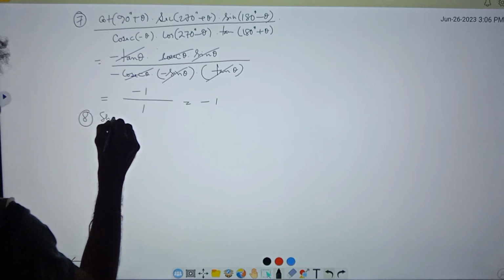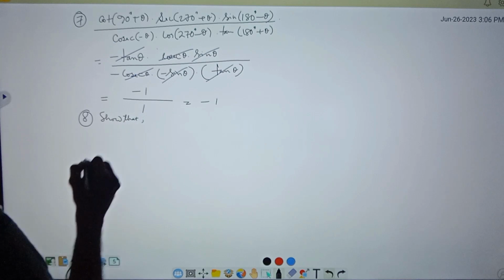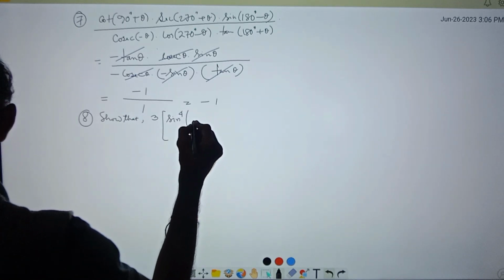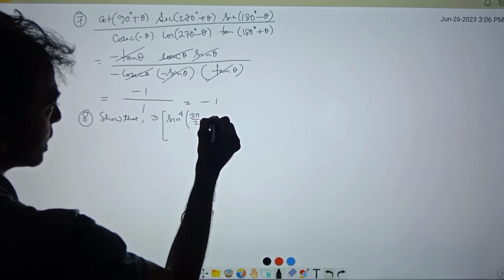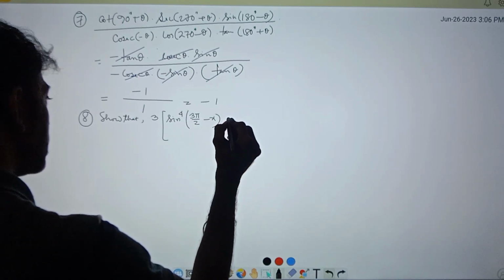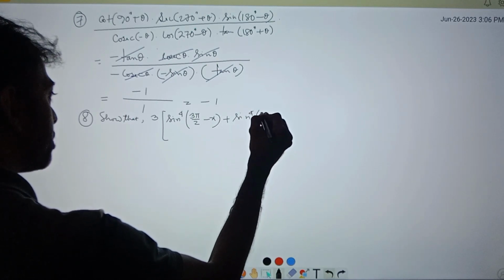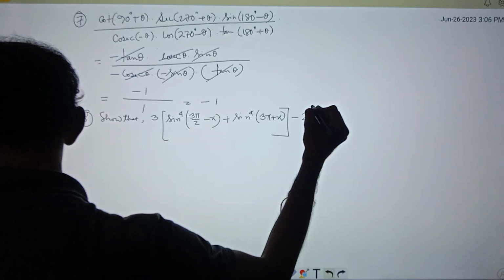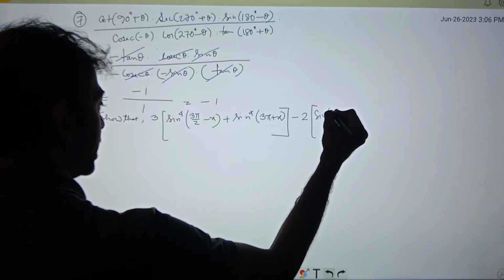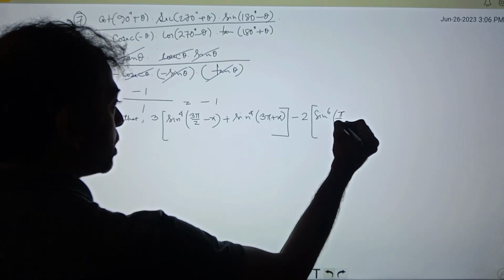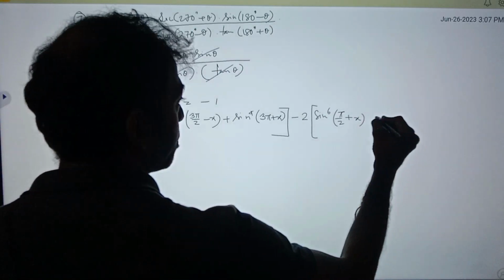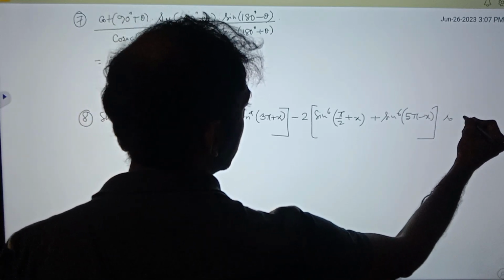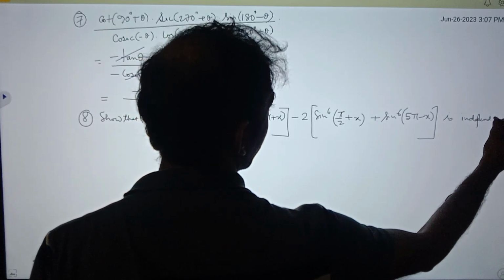Show that 3 into sine power 4 of (3 pi by 2 minus x) plus sine power 4 of (3 pi plus x), minus 2 times the bracket of sine power 6 of (pi by 2 plus x) plus sine power 6 of (5 pi minus x), is independent of x.